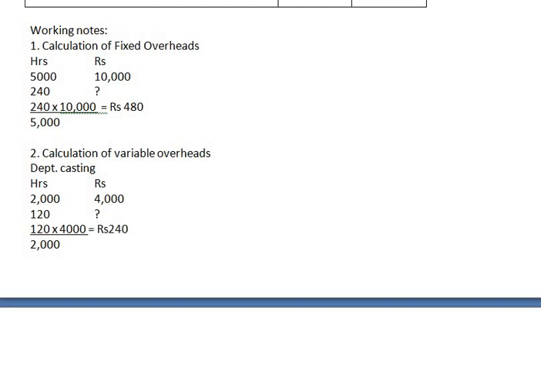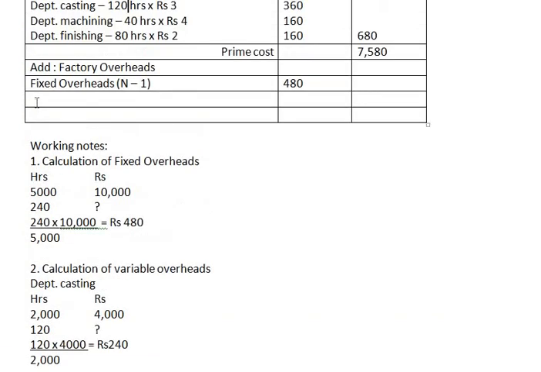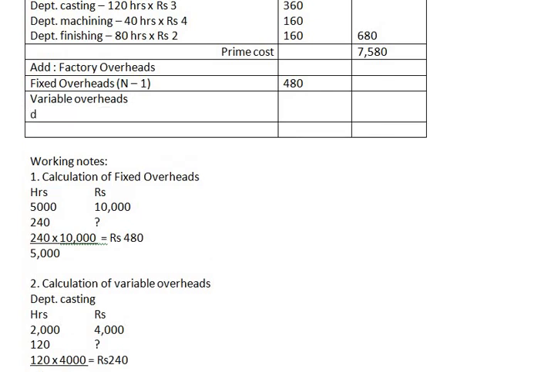Rupees 240, right? So I can show here variable overheads, department casting.